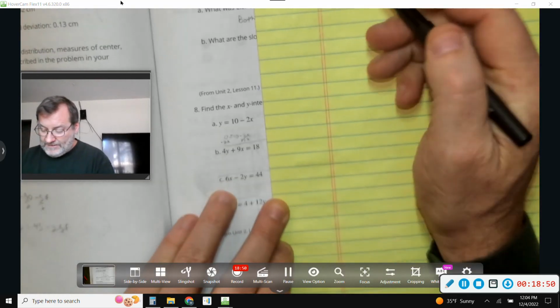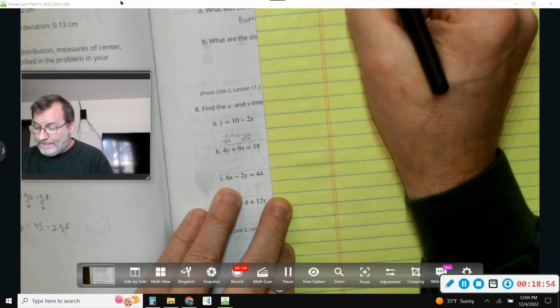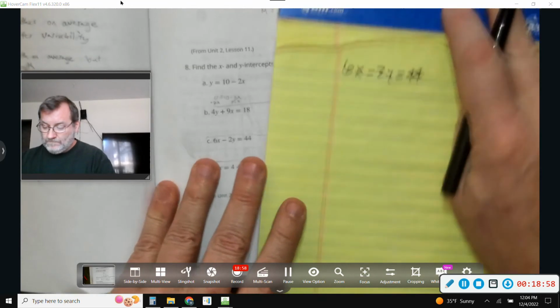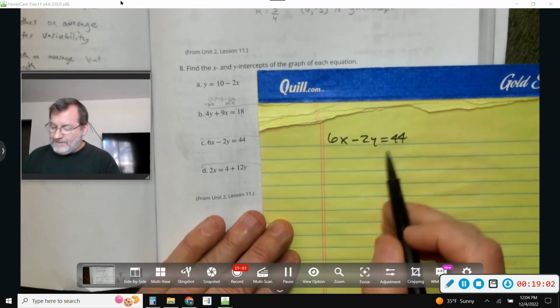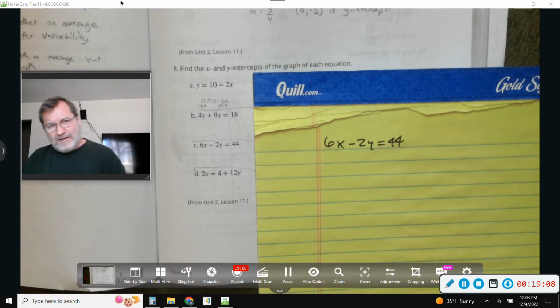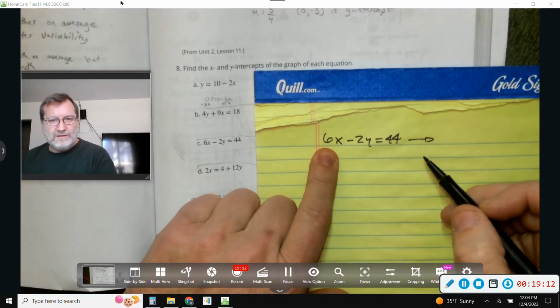Okay, this one, at least it's in a standardized form. We can do a lot of work with this one. Okay. So now if you look at this one, you'll notice that they're all even numbers. All right. If you can reduce these, sometimes that'll help a lot. If I take a 2 out of everything, how many times does 2 go into 6x?